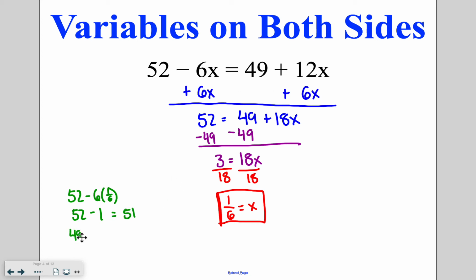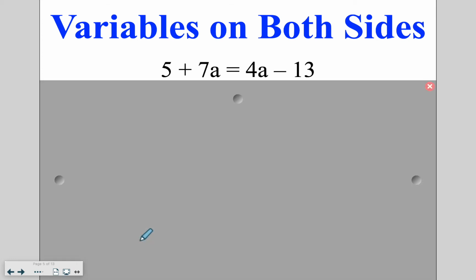I've got 49 plus 12 times 1/6. So I've got 49 plus 1/6 of 12 is 2, and I end up with 51. Both of my answers are equivalent, so that means both sides of the equation are equal, which means we have successfully solved the problem. Go ahead and try this one on your own.